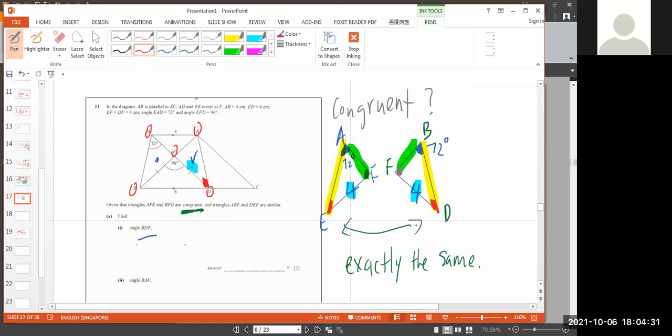What you can do is find out this first. I want you to differentiate. BDF is this small one. But now I'm finding this one.